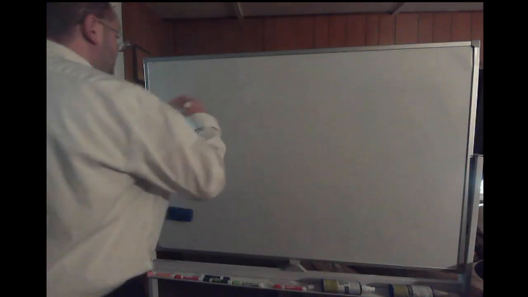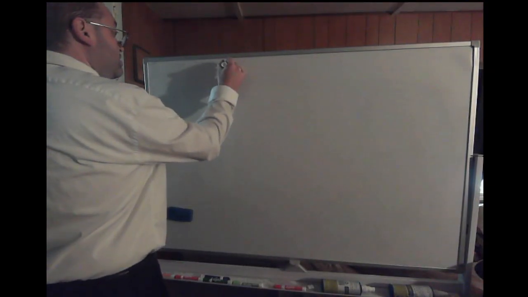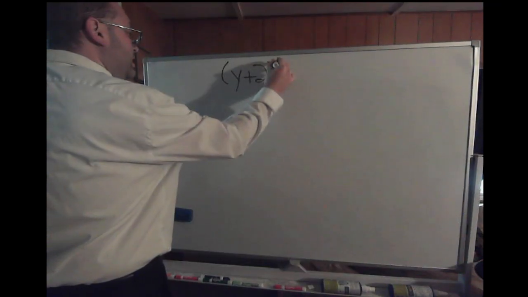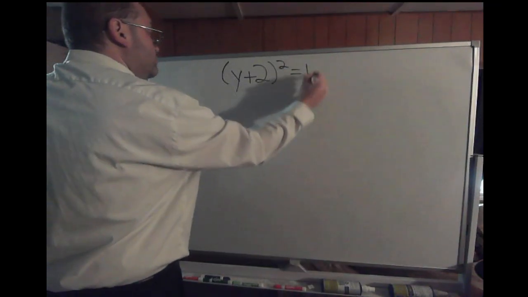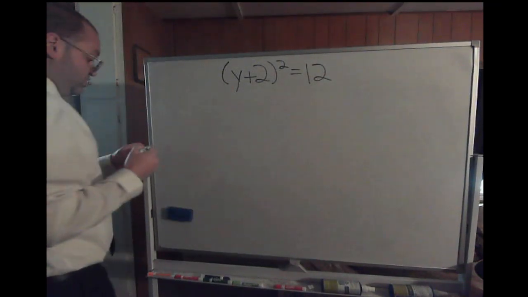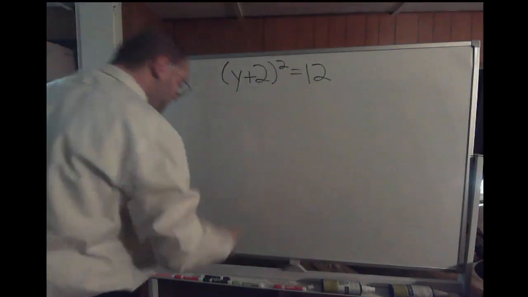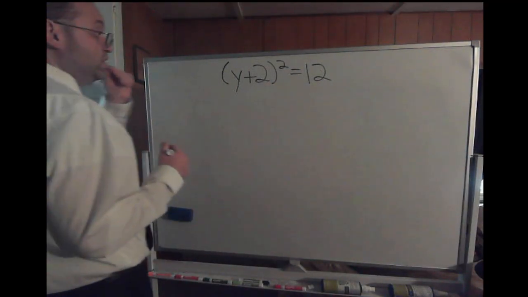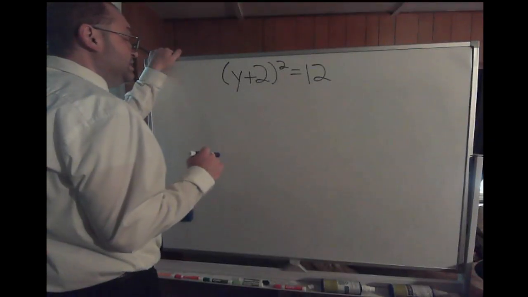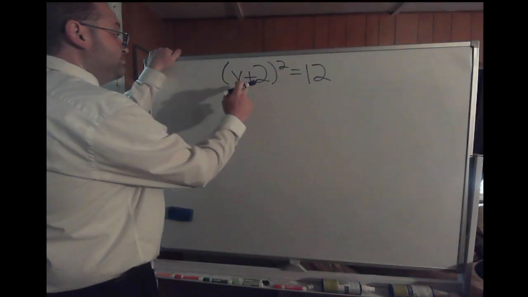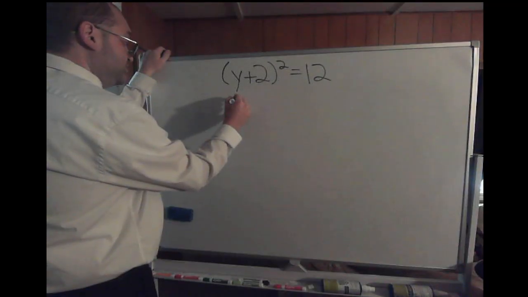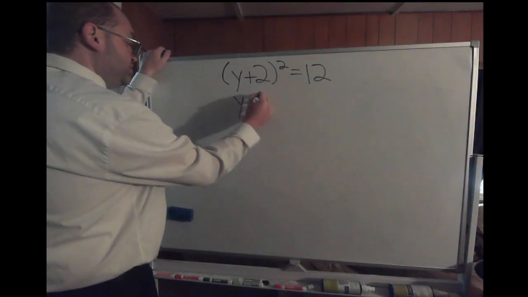All right, let's see here. We have y plus 2, that quantity squared, is equal to 12. Still the same idea. Take the square root of both sides to get y plus 2 by itself.